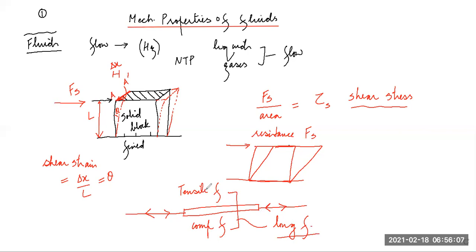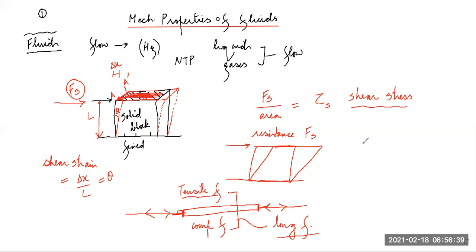Longitudinal force. These forces are always applied perpendicular to the surface. See that, this is perpendicular, but it's not the case with shear force. Shear force is always applied along the surface, whereas these longitudinal forces, that is tensile force and compressive force, are always applied perpendicular to the surface.